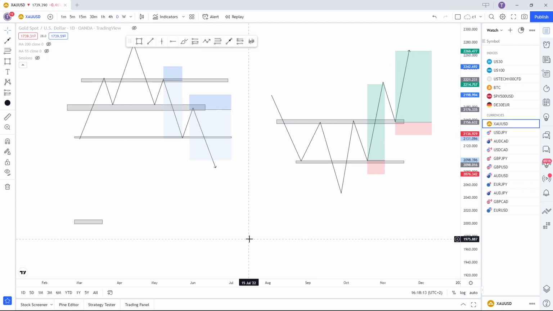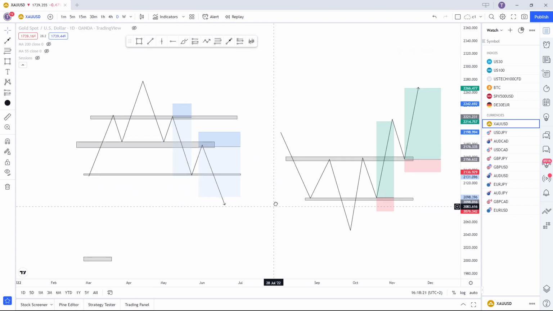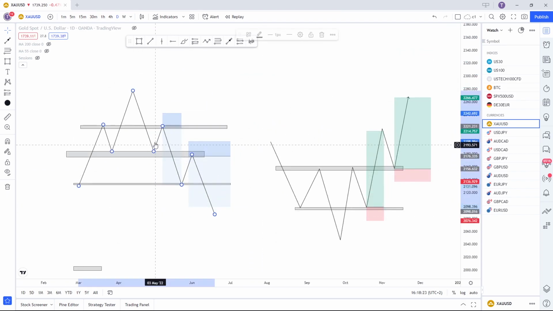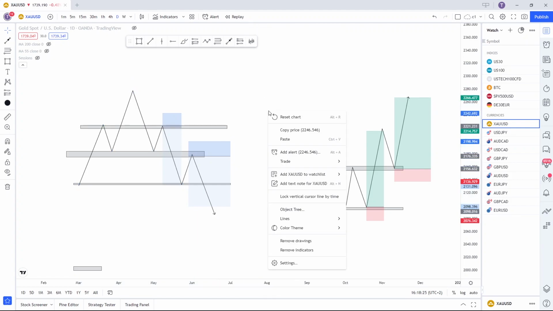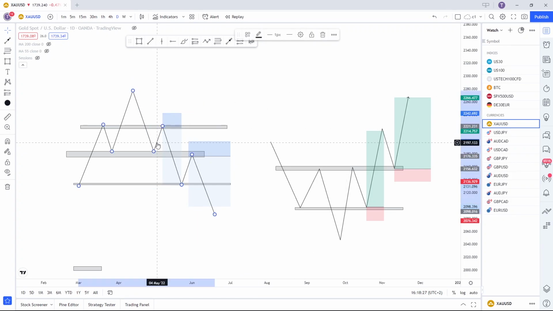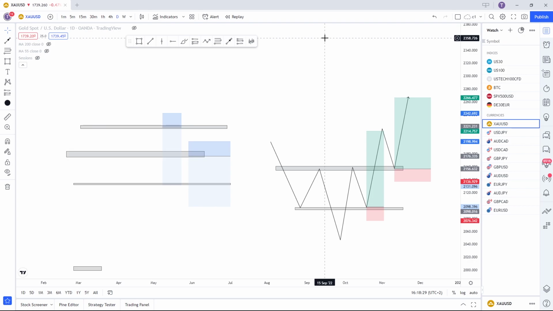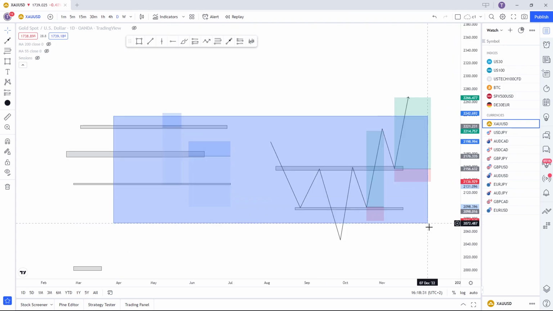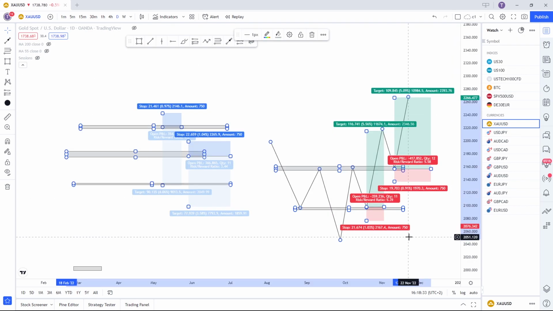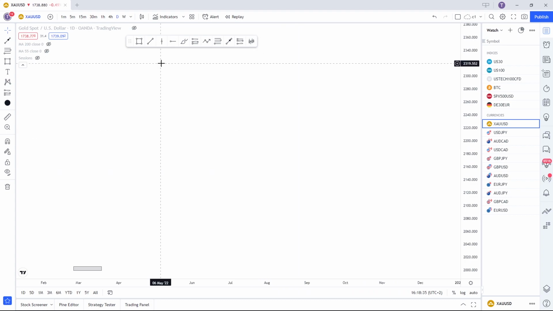Okay, now let's look at some live examples in the market. Right here I have gold.